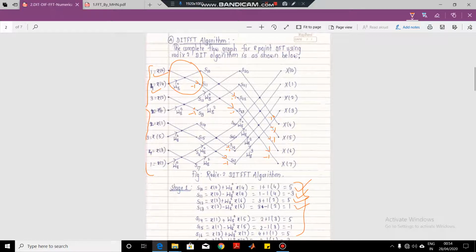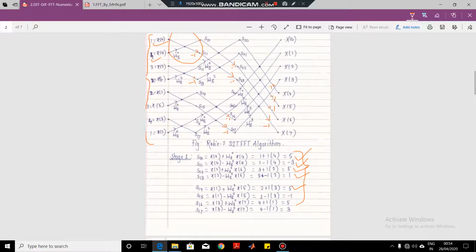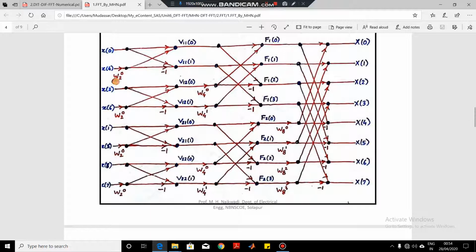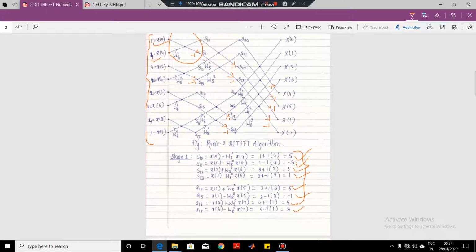Here 2 plus 3 is 5, and 2 minus 3 is -1. Next, 4 plus 1 is 5, and 4 minus 1 is 3. So this is a simple calculation. Whatever outputs we get, S10, S11, S12, S13, these are our first stage outputs, denoted by S10, S11, S12, and so on.